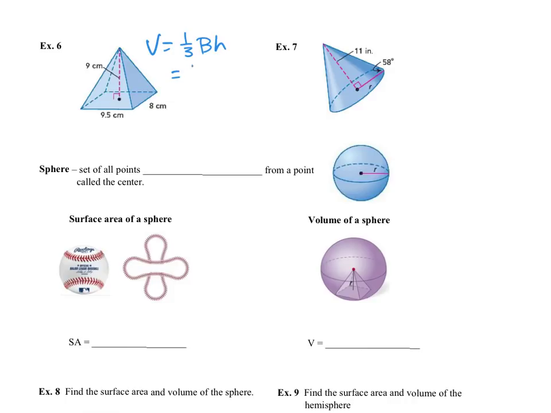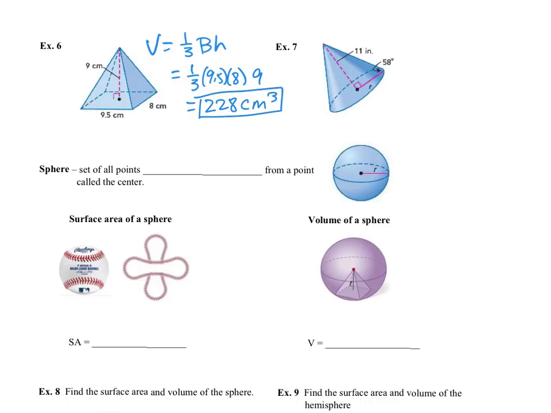So we're just going to take 1/3 times the area of the base, which is 9.5 times 8. And then the height of the pyramid would be 9. So we'll multiply that by 9. Okay, do the arithmetic, and the answer turns out to be 228 centimeters cubed. All right.